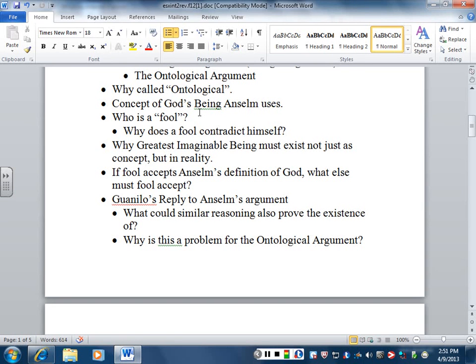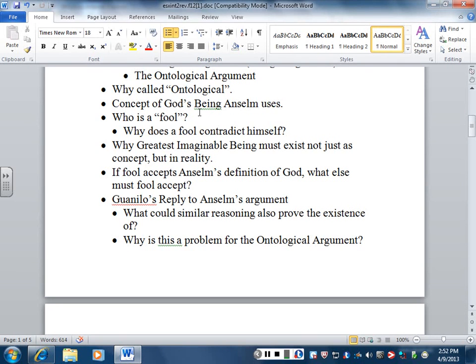So what Descartes tries to show is, while existence is not an essential property of a perfect island, it is an essential quality of God's very nature in a way that it isn't the essential property of an island.